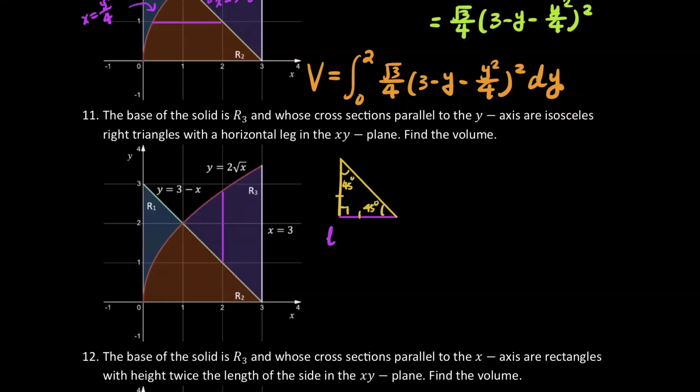Right? So this leg is top minus the bottom, and the area function. And the height here is the other leg because it's perpendicular already, right?